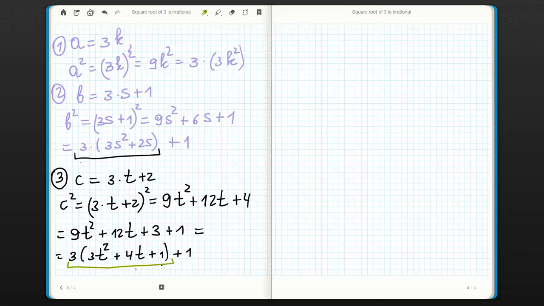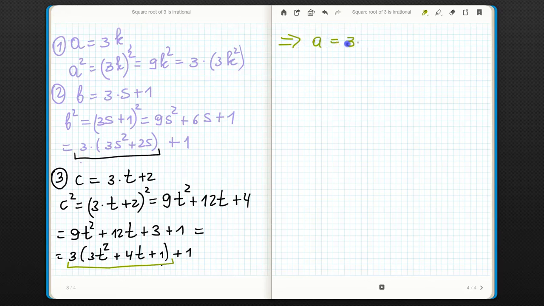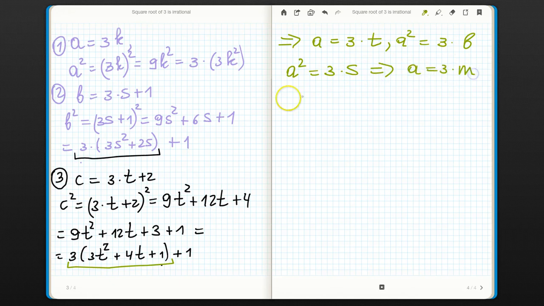So the conclusion is: if a squared is 3 times some s, that means a itself must be a multiple of 3. There is no other way, as you can see on the left side.